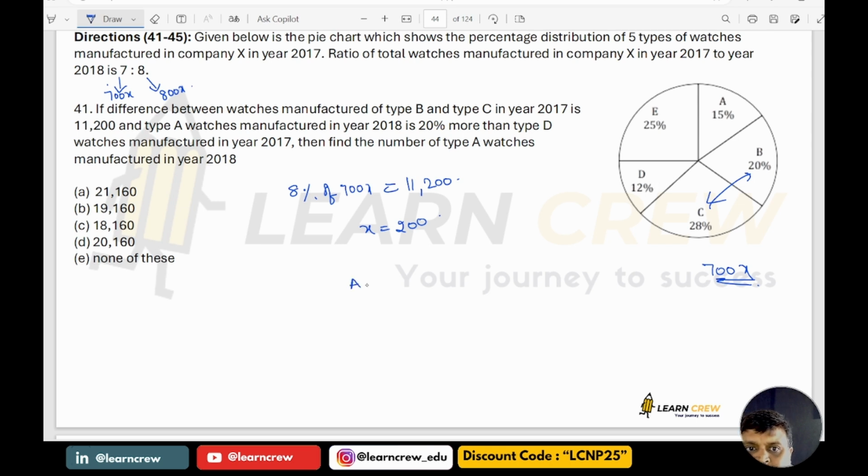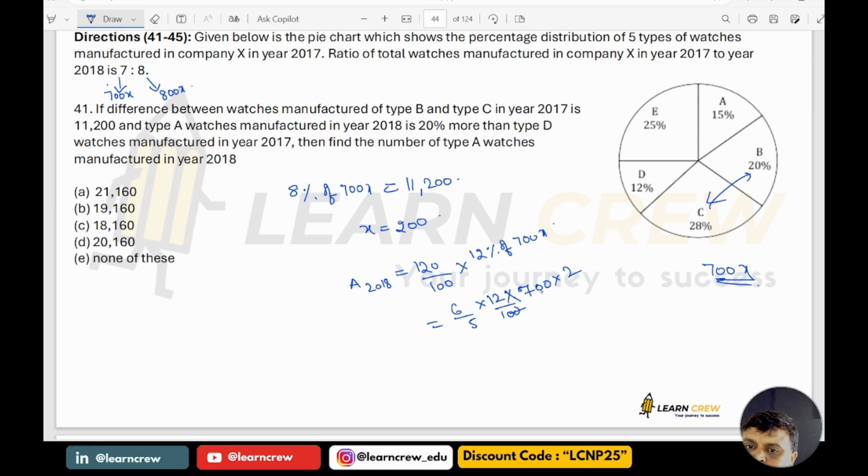So A in 2018 would be how much? 20% more, so 120% of D manufactured in the year 2017, which is 12% of 700x. So it is 6 by 5 into 12 by 100 of 700 into x.